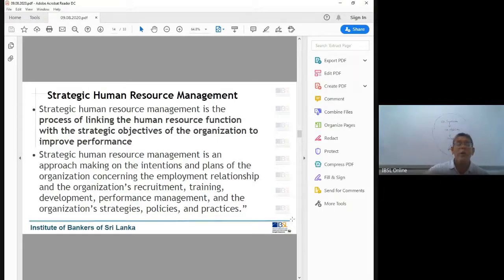Because your human resource function must be linked to your organizational strategic plan. Now, I'll give you a classic example. Think about your organizational strategic plan. Remember, the strategic plan for an organization is only one.